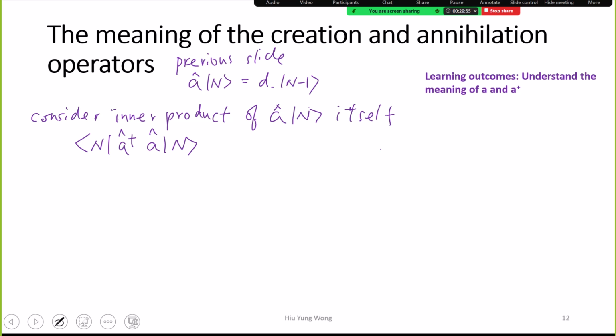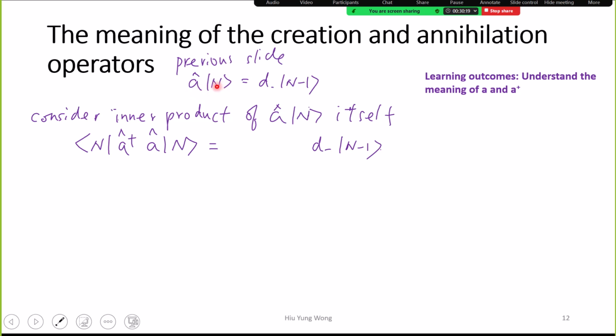Now with this, I substitute what I found earlier. Maybe I start with the ket, then it will be easier. A n equals D minus n minus 1, right? Sorry, I keep saying the wrong thing.